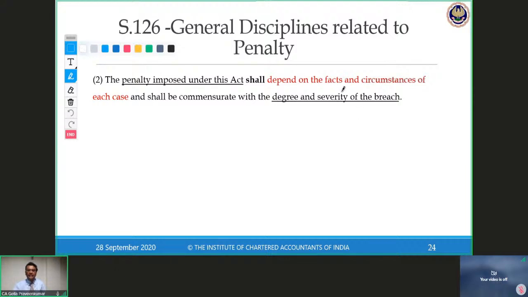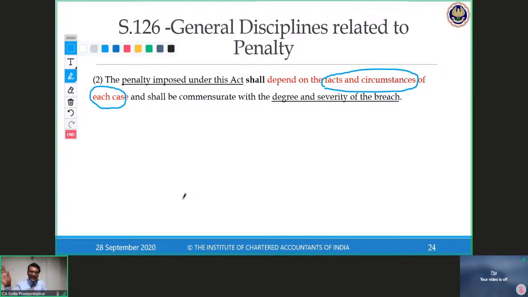It says facts and circumstances, each case. When the audit is done, there are 3 arithmetical errors. There are 3 cases where input tax credit was wrongly availed. Now each case, please understand the language.